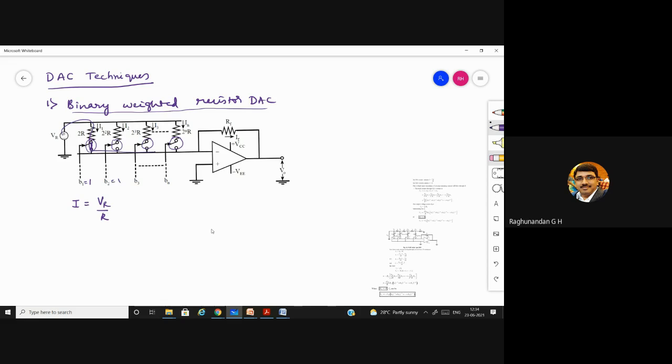And finally, I want to ask one question now. Can you tell me what kind of amplifier it will be when all these three switches are going to close? What kind of amplifier does it work as?